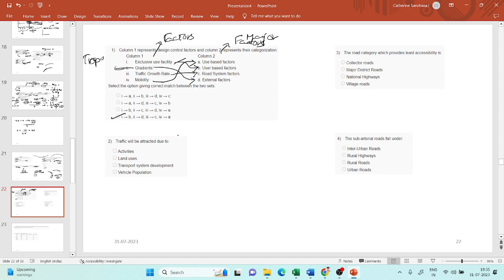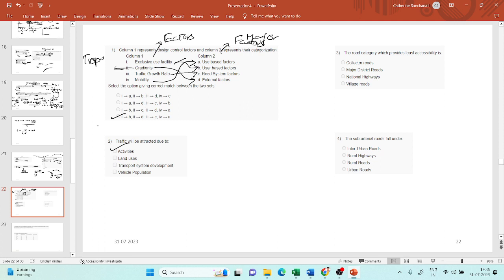Traffic will be attracted to activities. Of course it will. Say you have shopping in one zone, then the users who want to go to the shopping complex will be attracted to the activities in the complex, right?